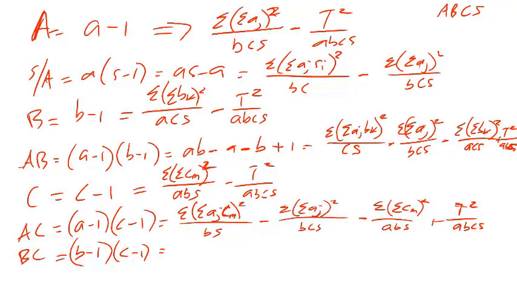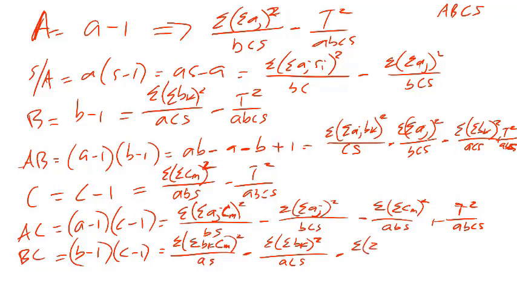Sum of BKCM squared over AS minus sum of BK squared over ACS minus the sum of CM squared over ABS plus T squared over AB.